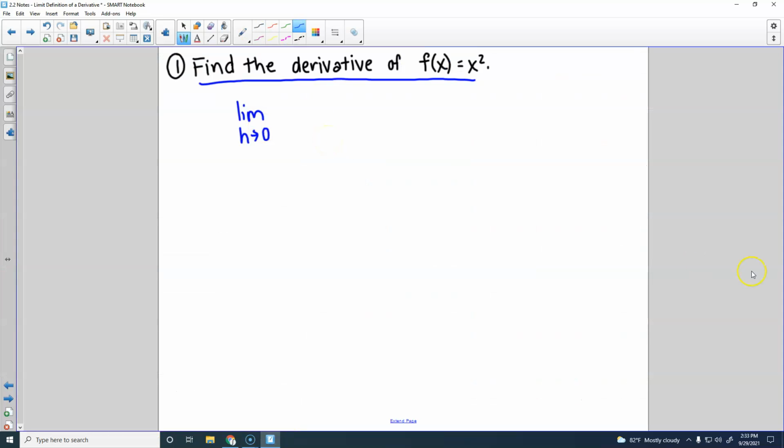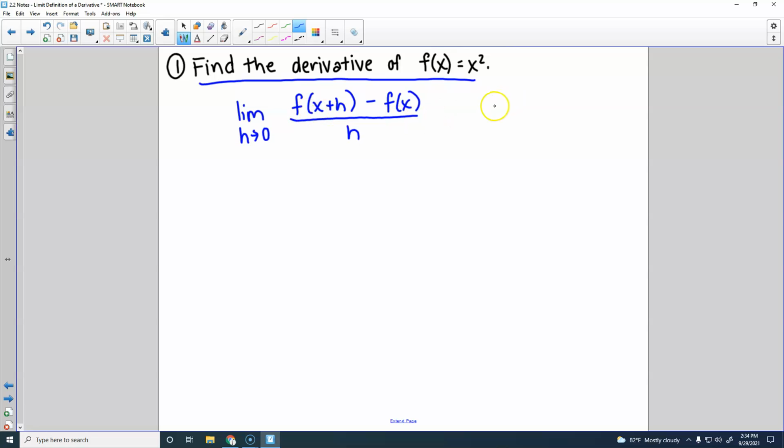So let's watch what happens. We're going to use this formula, f of x plus h. I'm going to use h instead of delta x just because AP usually uses that. If you look at your textbook, they're going to put a delta x instead of the h. This is similar to the F star problem you had on the free response questions from last week.